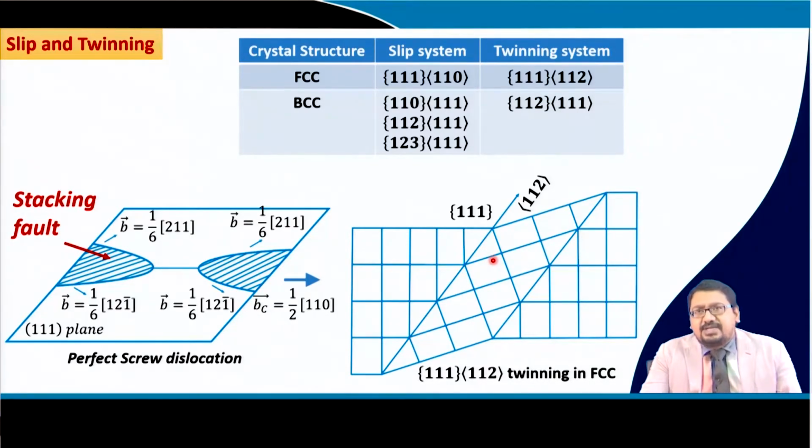Depending upon the strain rate and the temperature of the deformation, body centered cubic materials such as steels and iron can also deform at 112 and 123 slip planes in the same 111 slip directions. So, there are multiple slip planes and slip directions present in the body centered cubic material.